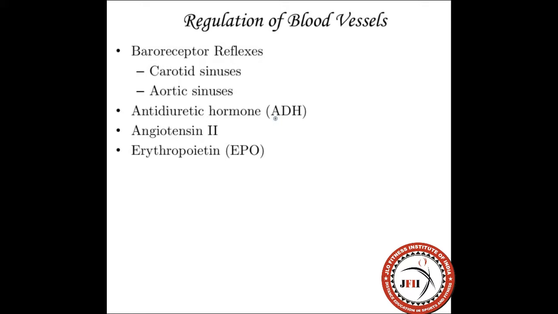Now, the way that ADH actually plays a role is if there is a drop in blood volume. For instance, let's say you have an internal bleed, and that would be terrible to have, but if you have an internal bleed where blood is exiting blood vessels, that would stimulate your brain because of a drop in the pressure.